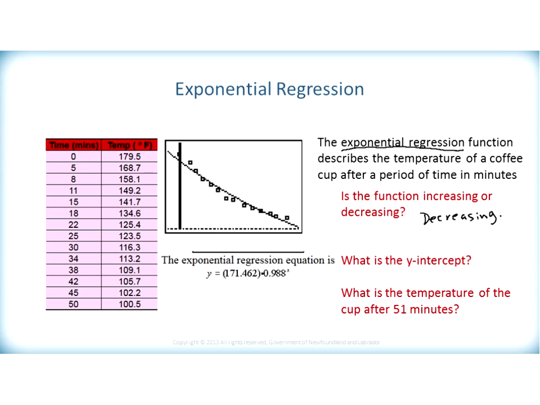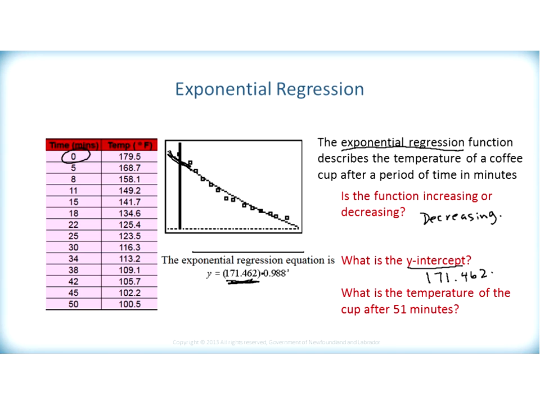What is the y-intercept? For the y-intercept, we would look at what it is based on the trend. It's 171.462. That would mean at time 0 that the trend, the curve of best fit, would have a y-intercept of 171.462. That means that the temperature of the coffee cup at time 0 will be 171.462 degrees Fahrenheit.